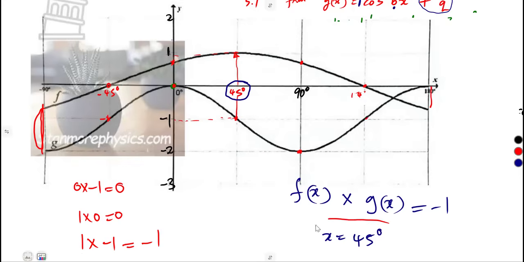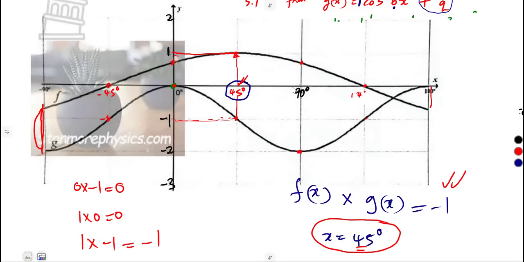So the only condition where we get a negative 1 on the product, when you multiply the y value on f of x by the y value of gx, is when x is 45 degrees.